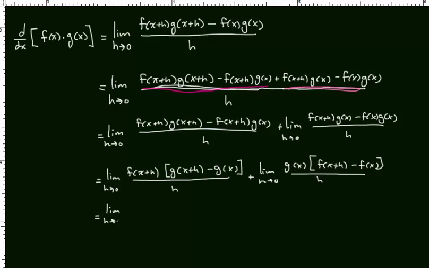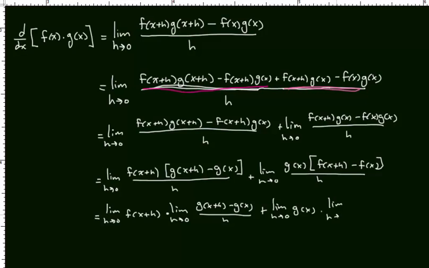So we have the limit as h goes to 0 of f of x plus h times the limit as h goes to 0, g of x plus h minus g of x all over h. Plus the limit as h goes to 0 of g of x times the limit as h goes to 0 of f of x plus h minus f of x all over h. If you don't see it now, you never will.